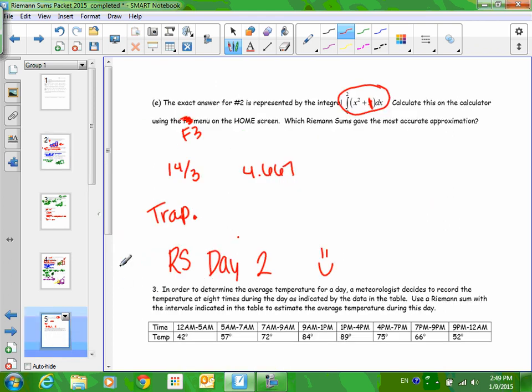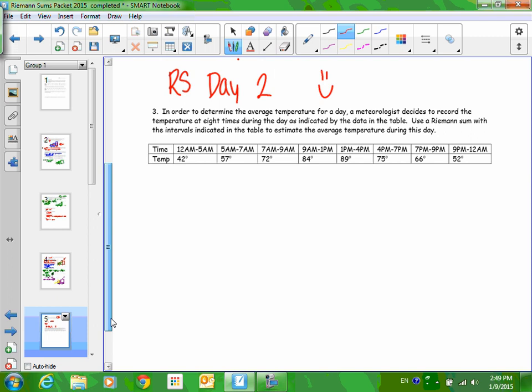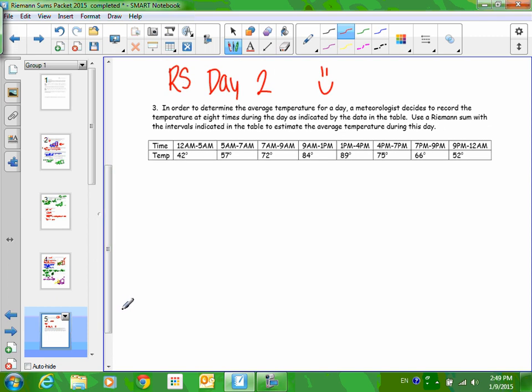So what we're going to do today is use that same idea, but to answer a different type of question. As I read through this problem and we look at the table, I want you to think about how this problem is different from the ones we did. If you can pick out early on that this is that other type of problem, that's only going to help you.